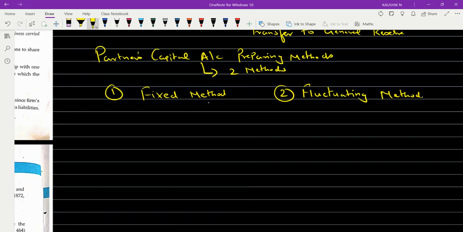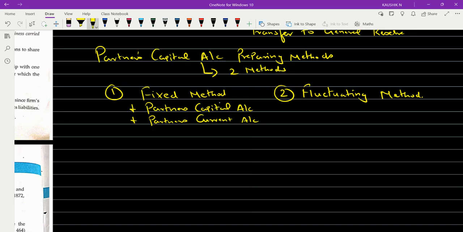In the fixed method, you have to prepare two subledgers. If you are going to follow the fixed capital method, then under this category you have to prepare two ledgers. What are they? One is the partner's capital account and the other is the partner's current account.